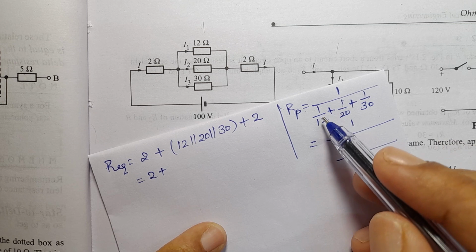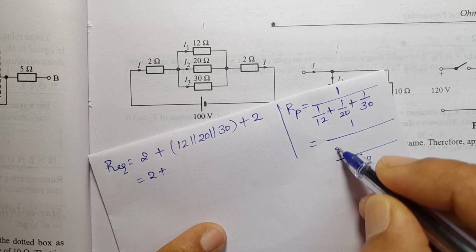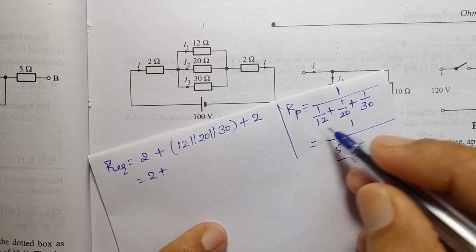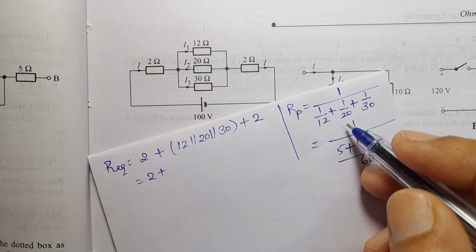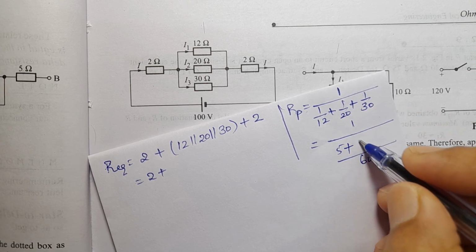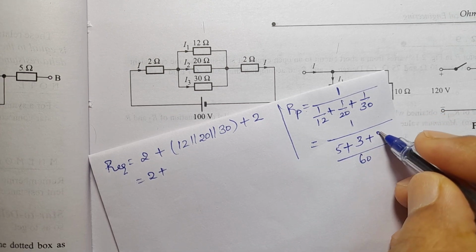So 1 divided by: 12 into 5 is 60, so 5. 60 by 20 is 3. Plus 60 by 30 is 2.